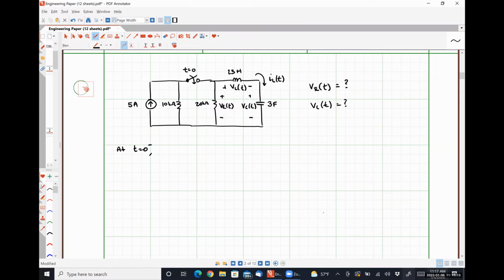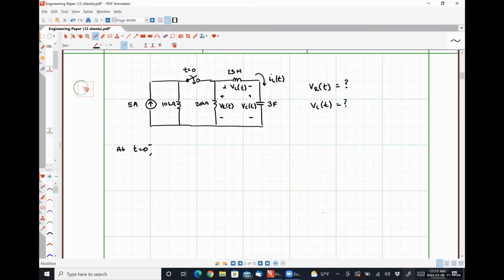All right, the reason why I'm saying that we can analyze this by inspection is because our switch was open at t is equal to 0 minus, which means our series RLC circuit on the right-hand side was disconnected. So it stands to reason that all of our initial conditions are 0, right?